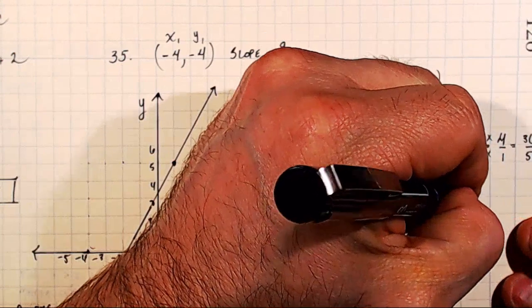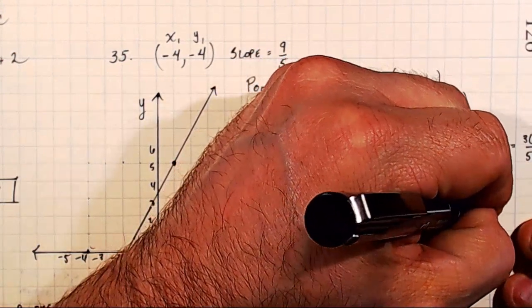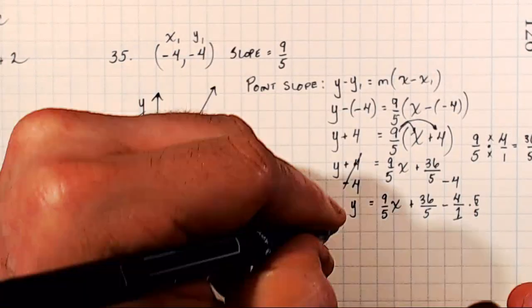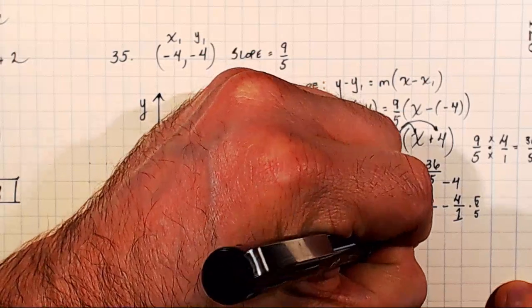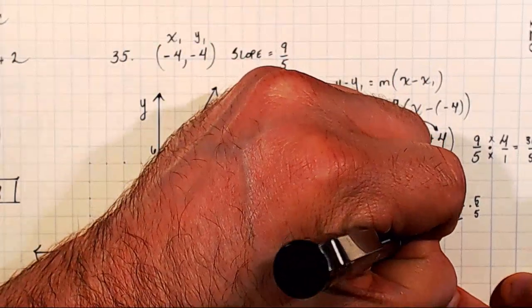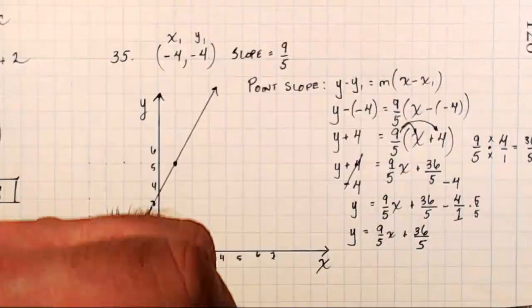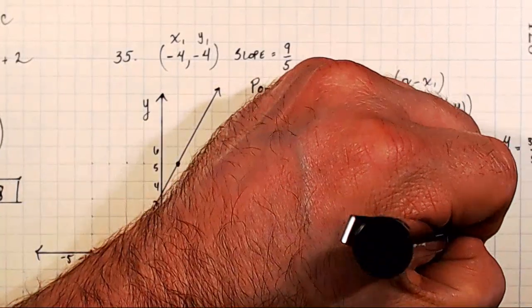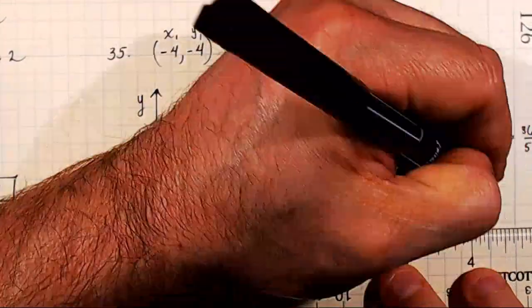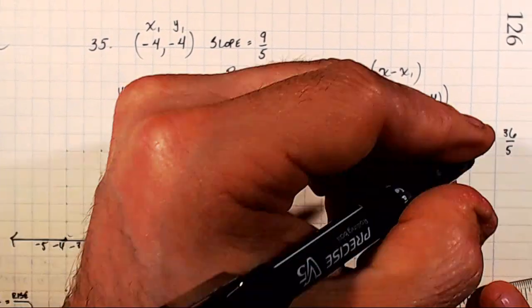So I need to multiply 4 over 1 times 5 over 5, and that will give me a common denominator. So I'll write this again. Y equals 9 over 5x, plus 36 over 5. Now we got to do this. 4 times 5 is 20. 1 times 5 is 5. So minus 20 over 5. See, I found a common denominator there like that.